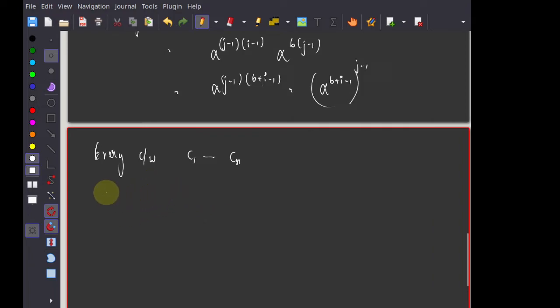Or for every row, every i, we want the summation j equal to 1 to n of Cj times alpha raised to b plus i minus 1, whole raised to j minus 1, should be equal to 0.